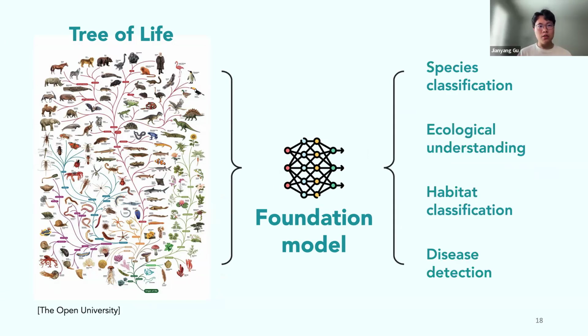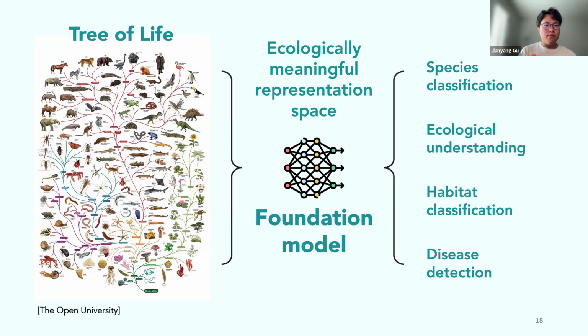For example, we want this model to do habitat classification. We want it to detect different diseases. And this really means that we want this foundation model to have an ecologically meaningful representation space. And the first step, of course, is to curate this data set.